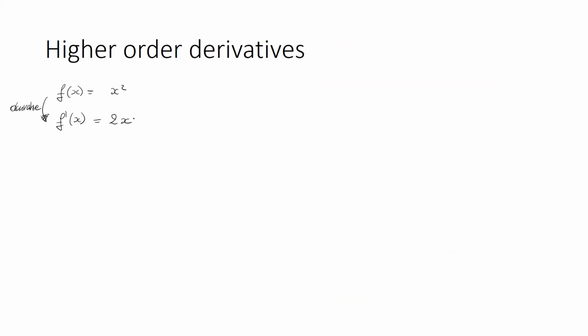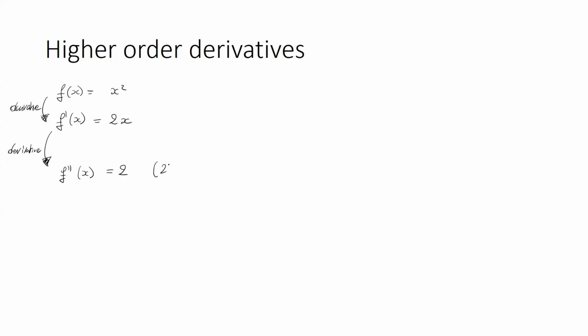And I think we've already calculated, or you can check it yourself or wait one slide. You can calculate its derivative, it's going to be 2x. That is a function of x itself. So we can again take a derivative. We can differentiate that again. And then we get what we call the second order derivative, which we denote by f double prime of x. And that is going to be equal to 2.